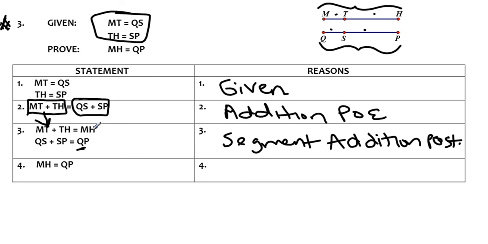So MT plus TH is equal to MH. And we said QS plus SP was equal to QP. So I'm just replacing the MT plus TH here with MH, and I'm replacing the QS plus SP here with QP. So that is the substitution property.